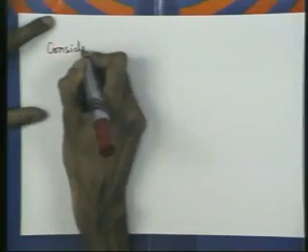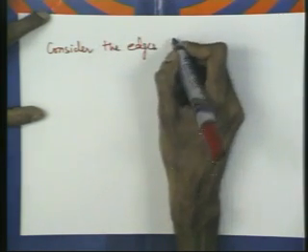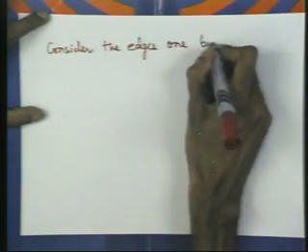Okay. So let me just write this. To recap, we are given an algorithm that says whether a graph has a Hamiltonian cycle or not. We are constructing, using this as a subroutine, a way to find the edges in some Hamiltonian cycle. So consider the edges one by one.